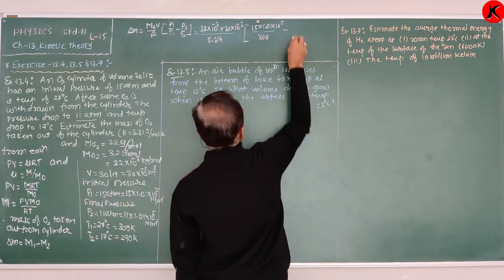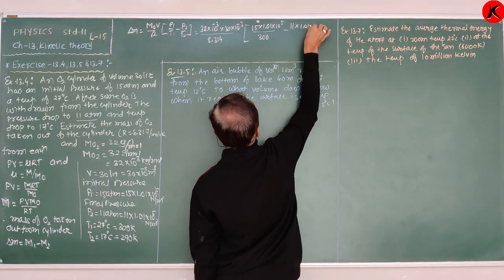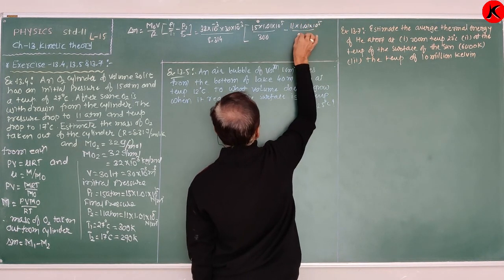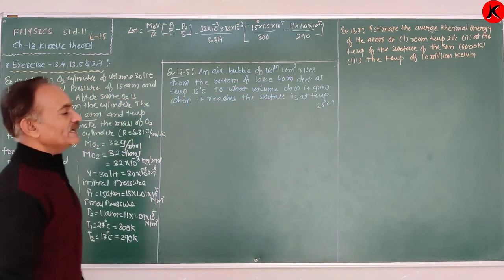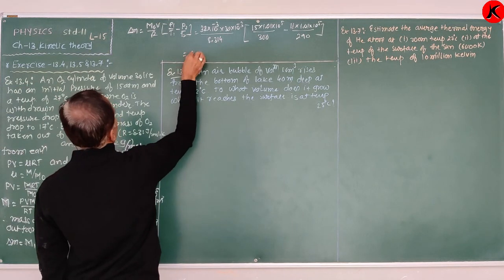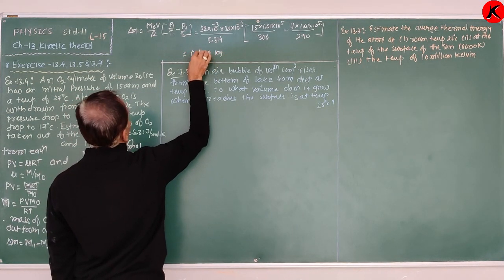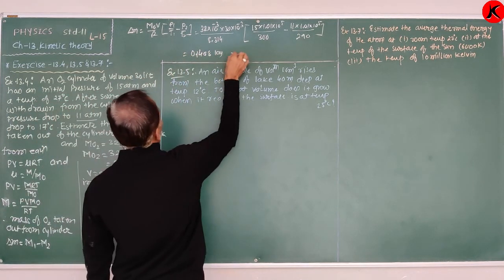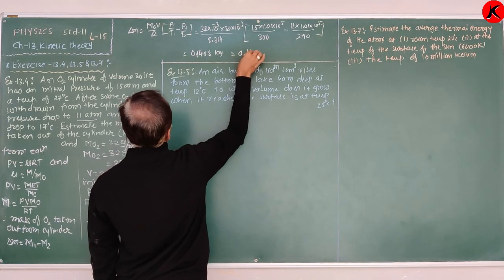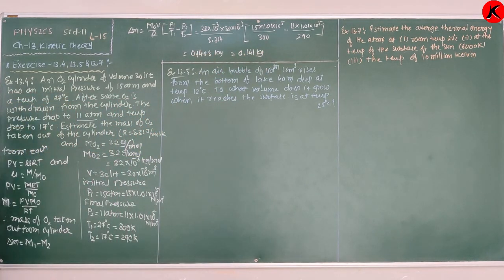P2 is 11 into 1.01 into 10 raised to 5 upon 290. So as we simplify it, we obtain 0.1408 kg. That means 0.141 kg of oxygen is taken out from the cylinder.